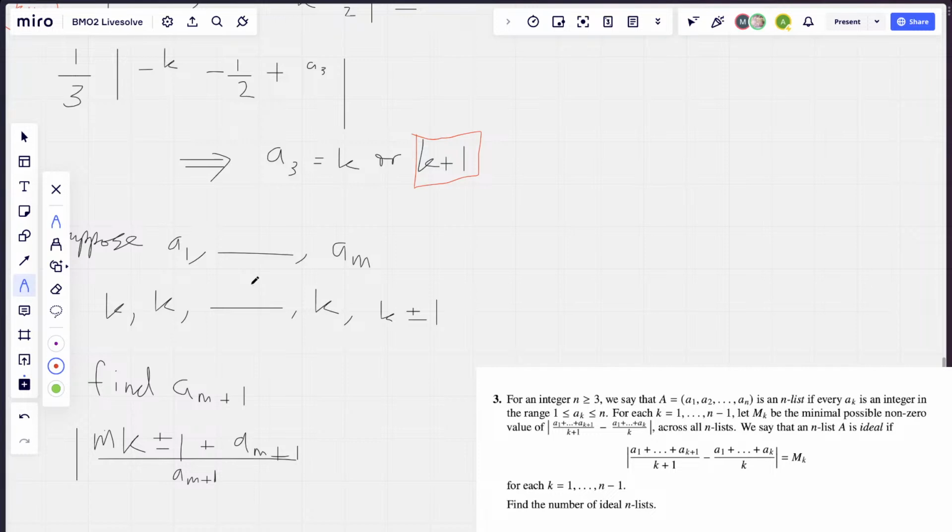I guess clear denominators and then do integer stuff. So yeah.